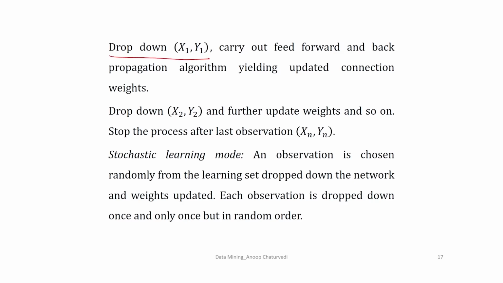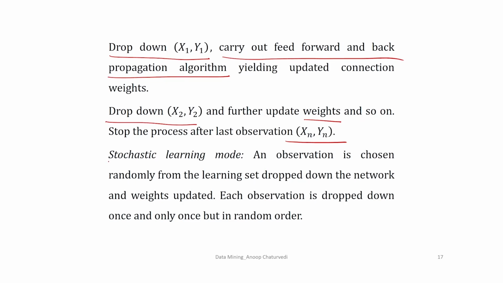Drop down x1, y1, carry out the feed forward and back propagation algorithm yielding updated connection weights. Then we drop down x2, y2 and further update the weights, and so on. Then we stop the process after the last observation xn, yn. So we update the weights as the observations come.